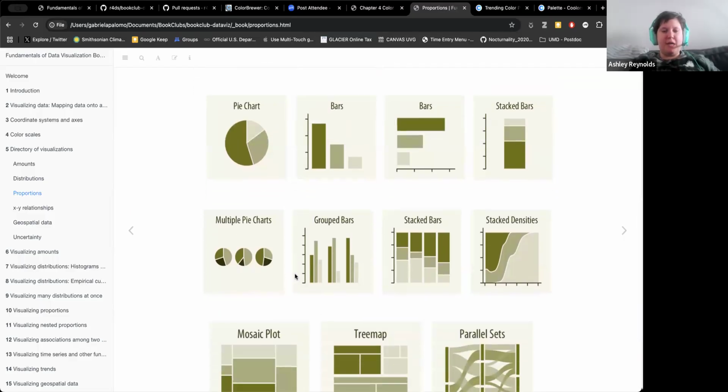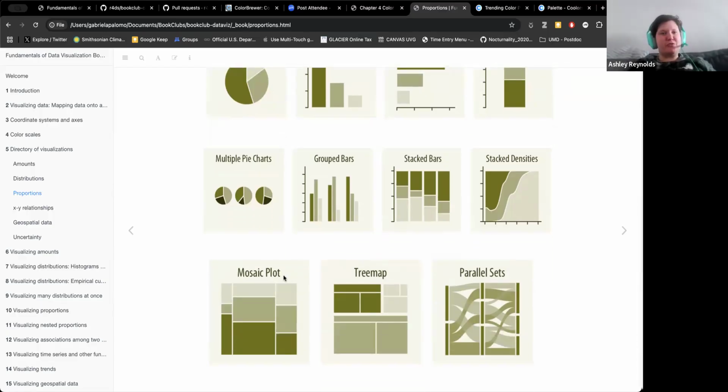I find they can be helpful if you have a ton of things that fit into some categories. One of my favorite examples, I think it's a mosaic plot, is a data visualization of the Pokédex from Pokemon, and you can see by the colors what proportion of all the Pokemon are water type or grass type or whatever. And I think that's a good use of it.